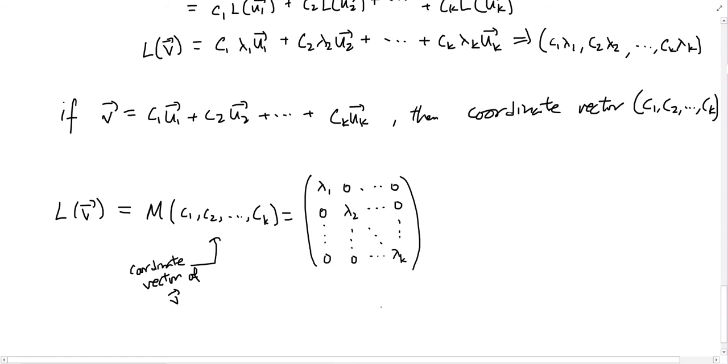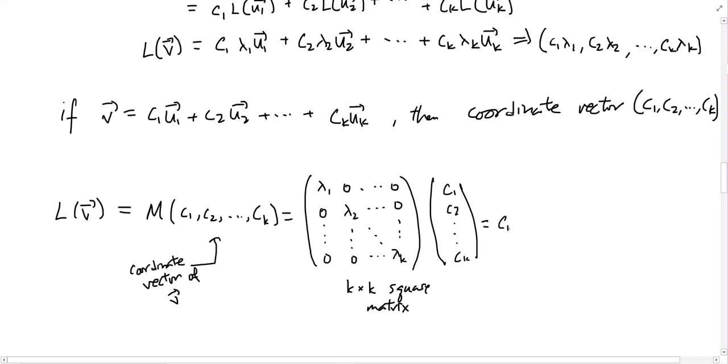This matrix is called a diagonal matrix because the only numbers that appear inside this matrix are along the main diagonal, and everywhere else is just 0. This diagonal matrix is going to be a k by k square matrix. If I take this matrix and multiply by c1, c2, dot dot dot, c sub k, then what I have is this vector, c1 lambda 1, c2 lambda 2, dot dot dot, c sub k lambda k, written the same way as what we see on top.